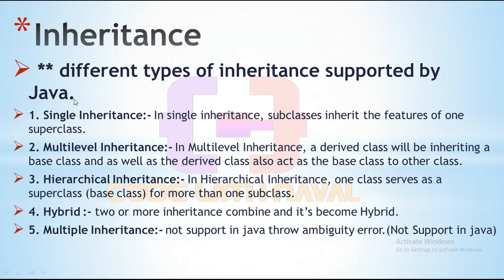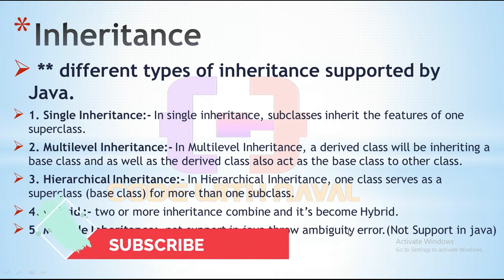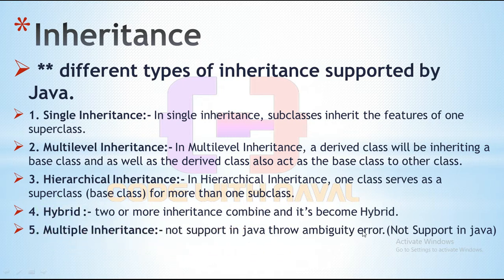If we combine single and hierarchical inheritance together, that is called hybrid inheritance. The last one is multiple inheritance. Java does not support multiple inheritance because of ambiguity, which creates confusion. We will see why Java does not support it, what kind of ambiguity is created, and how we can resolve that ambiguity in upcoming videos.